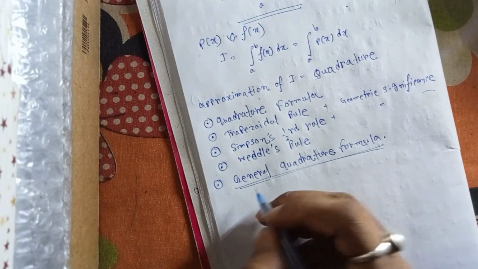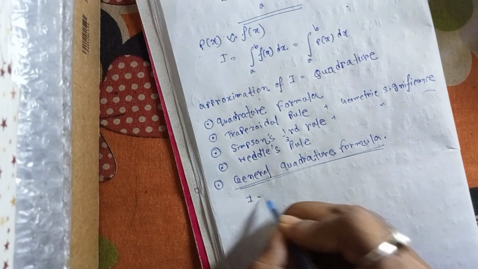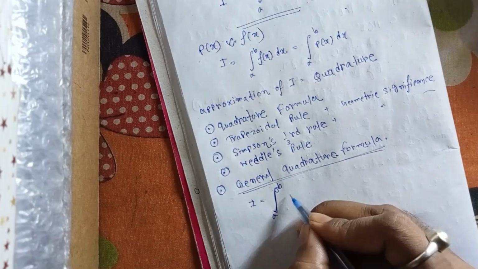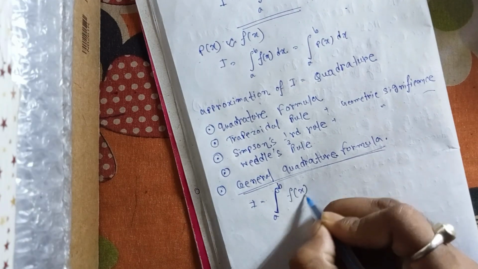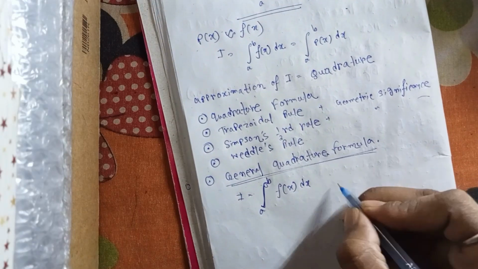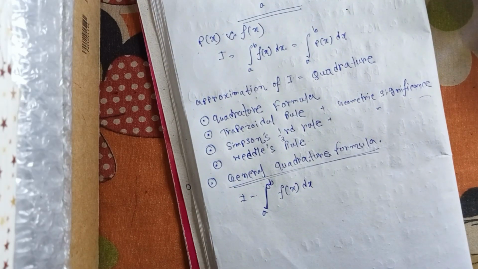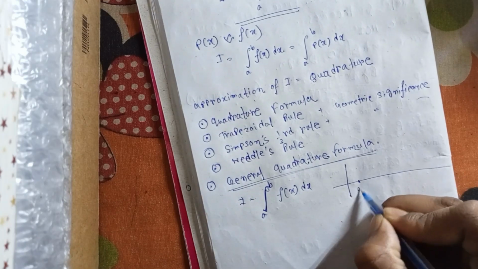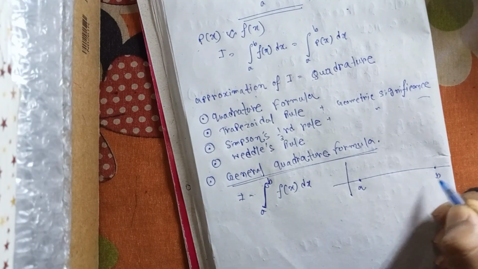Initially we have a definite integral, a to b f of x dx, and we have the points a and b. This is the interval.